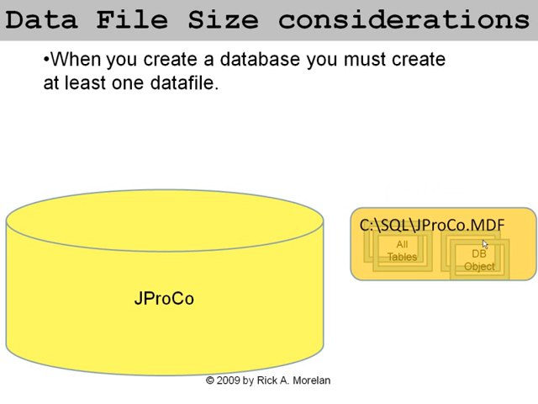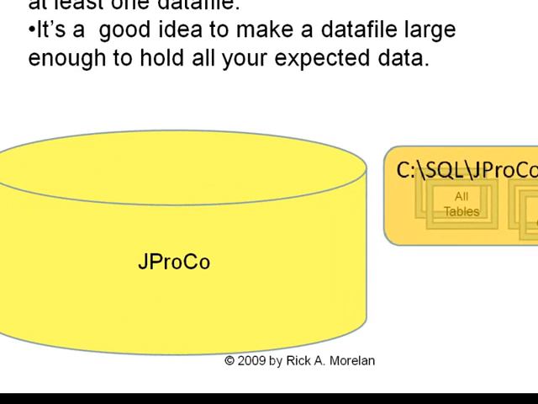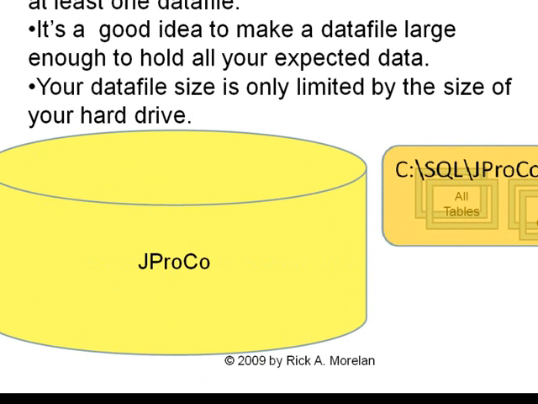Well, they're anticipating being able to handle all of the flow and all of the traffic when it does come. And they don't want to have to remodel and react and grow the parking lot just because customers finally came in. The database is empty, and you know it's going to take up 5 gigs. Why don't you make a 5 gig MDF in anticipation? So it's a good idea to make a data file large enough to hold your expected data.